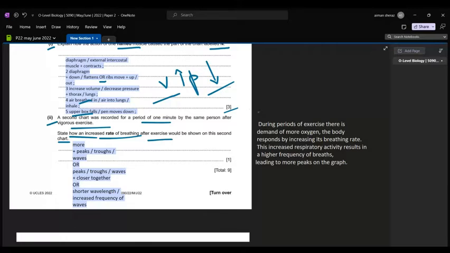That is because during exercise, there is a demand for more oxygen, and the body responds by increasing its breathing rate. So all you had to write was there will be a higher frequency of breaths leading to more peaks on the graph, because obviously you need to show that the breathing rate has increased.